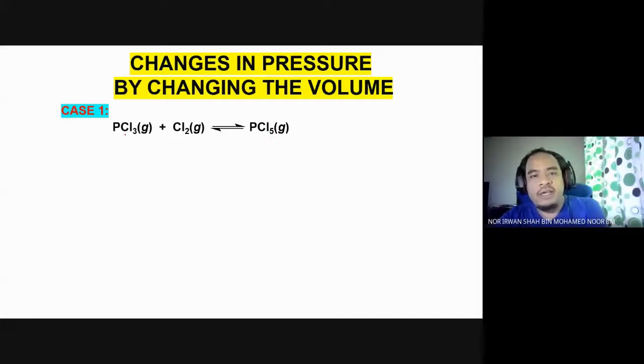So these three gases were at equilibrium. If we look at this equation, class, on the left side there are 2 moles of gases: 1 mole of PCl3 and 1 mole of chlorine gas. While on the right side there is only 1 mole of PCl5 gas.